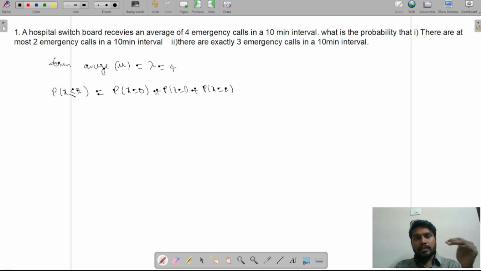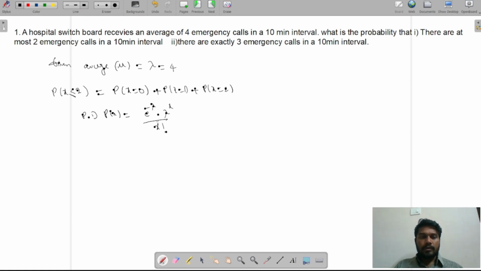Coming to the Poisson distribution, to find the solution we need the average. Right, so what is the formula of the Poisson distribution? P of x equal to e power minus lambda, lambda power x by x factorial.